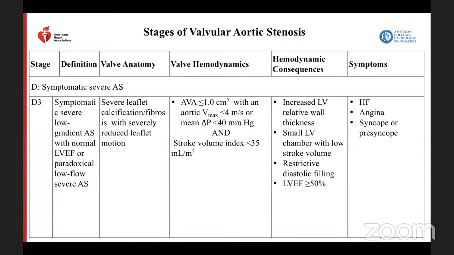The aortic valve area will be less than 1 centimeter with an aortic valve velocity of less than 4 meters per second or mean gradient pressure less than 40. Stroke volume index will be less than 35 mL per square meter. The patient will have an increase in left ventricle relative wall thickness, will have a small LV chamber with low stroke volume and restrictive diastolic filling with ejection fraction of more than 50%. He will come with heart failure symptoms, angina, syncope, or pre-syncope.